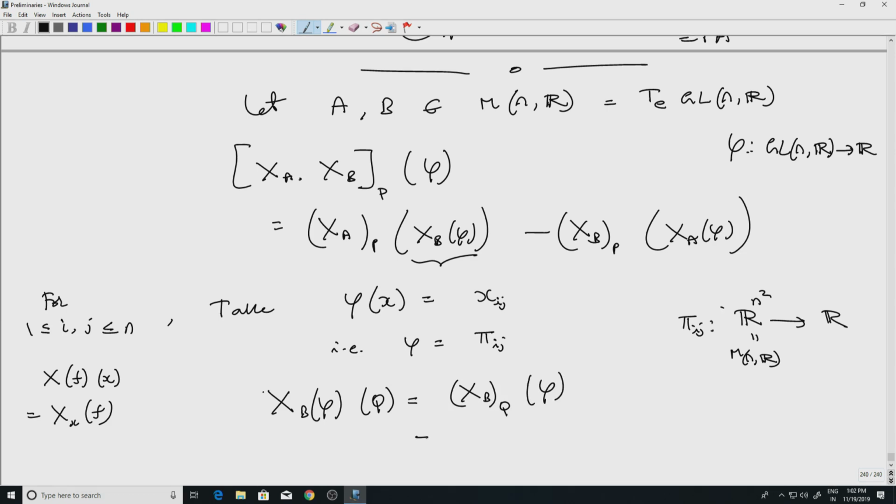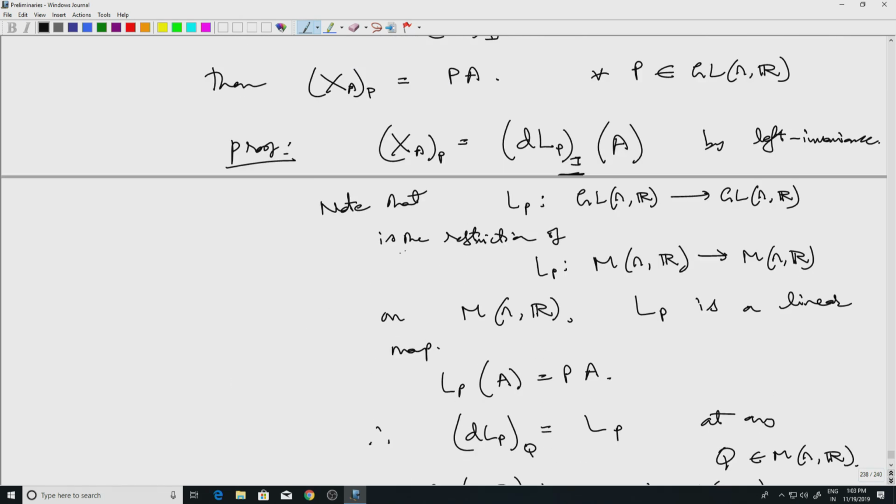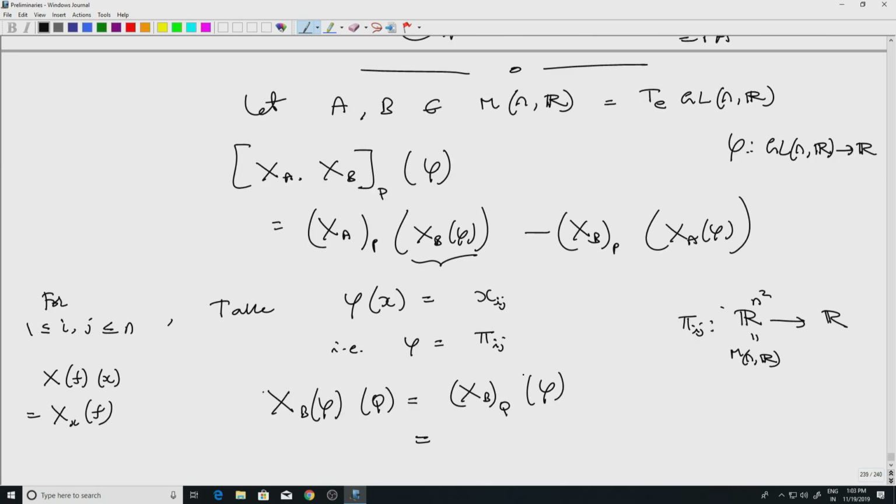Now we know exactly what XB at Q is. This is by the lemma that we just proved. This is QB acting on phi.